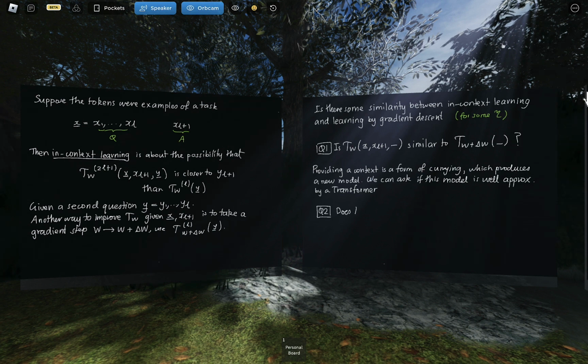Question 2 says, does there exist W prime such that when you curry, you get another function of the same class? So if question 1, positive answer would imply a positive answer to question 2, but question 2 is much more general. I hope that's clear. And if that is true, how does W prime relate to W?